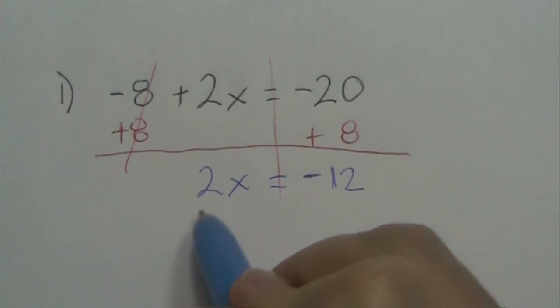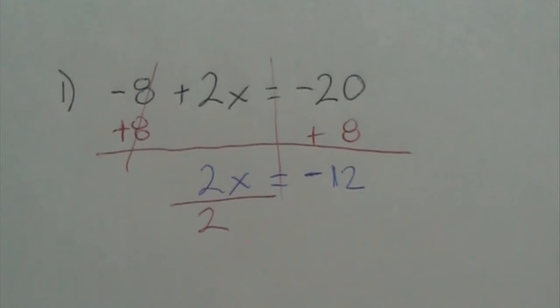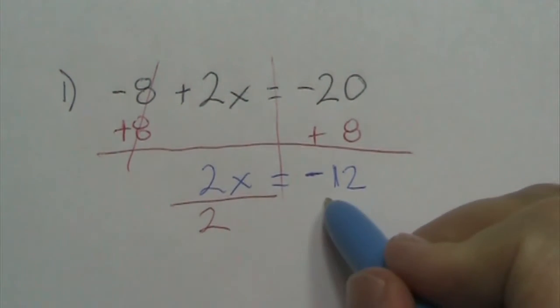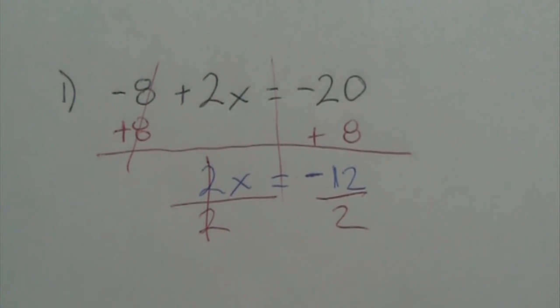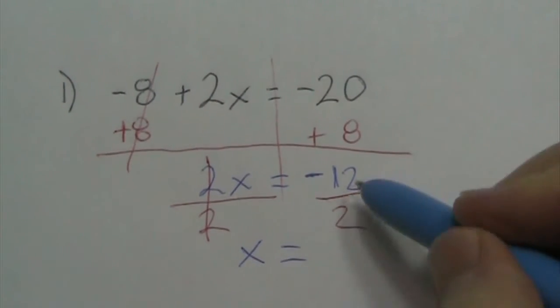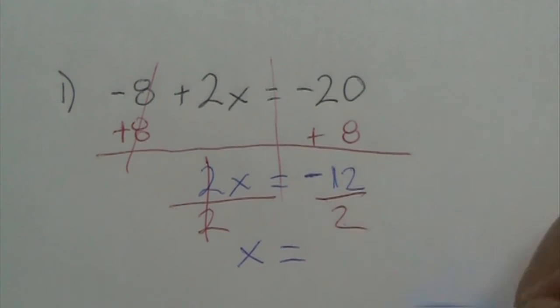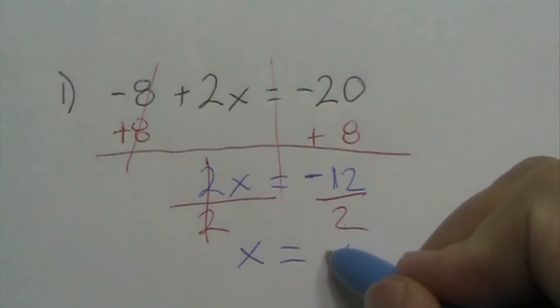to get rid of this, the coefficient, you want to make that a 1 by dividing by 2. That's what makes this a 1. But you have to do the same to the other side. Leaves us with x. 2 goes into 12. And there's 1 negative.